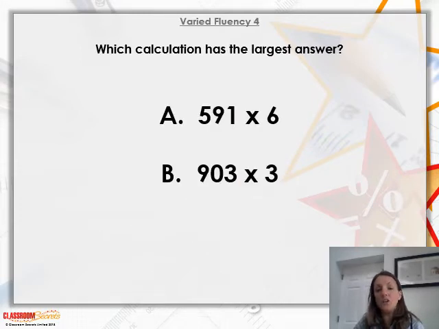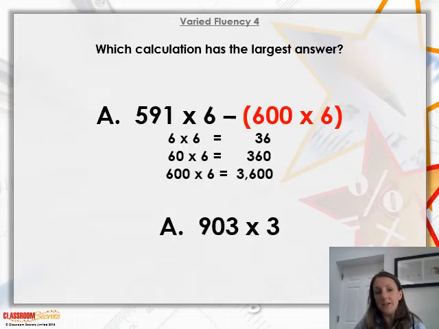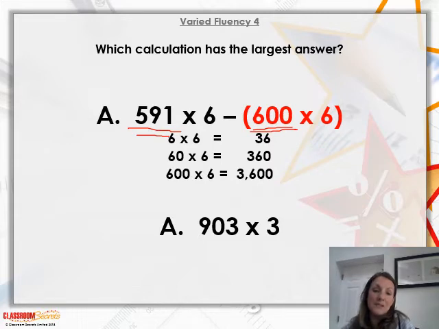Okay, which calculation here has the largest answer? Again, I think for this you can work it out using the written method that we just looked at, or you could also think about rounding this number here. So let's have a little look. For example, if I rounded 591 to the nearest 100, it would be 600. So let's think about, well, what's 600 times 6?